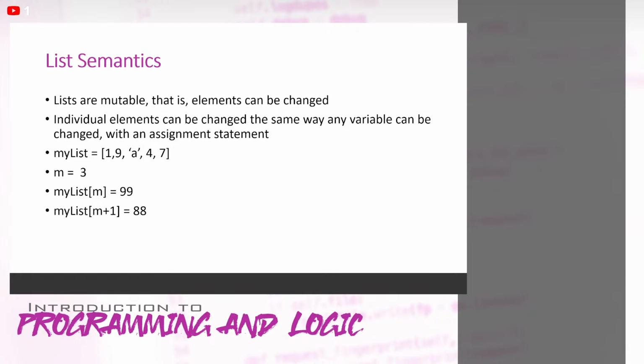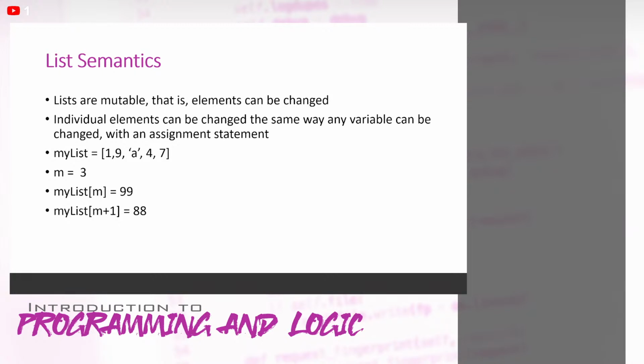We can also use variables as the index location, because as we've said before, a variable is just the data that's inside of it at any given time. In the example we're given here, we have a heterogeneous list with the values 1, 9, A, 4, and 7.